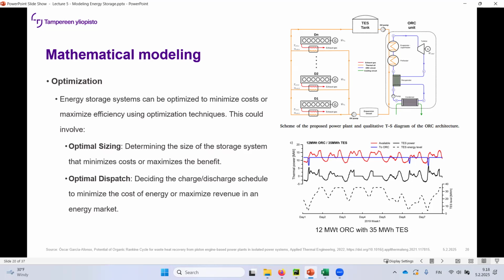So this ORC with a certain 12 megawatt thermal with 35 megawatt hours of thermal storage, that's the available heat in the red, and the blue one that was stabilized with this thermal energy storage. So there's the thermal storage energy level with the dashed lines. You can see it's running up and down. So there's an example of this dimensioning optimization. And what is sufficient? That is something that you have to decide as the modeler or operator.